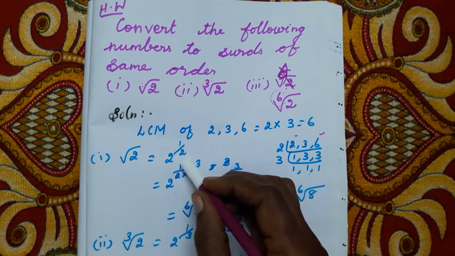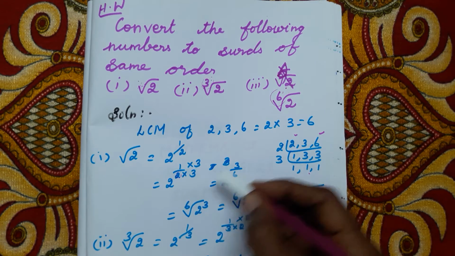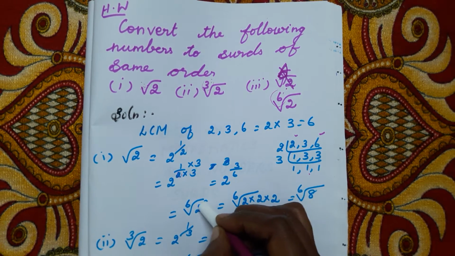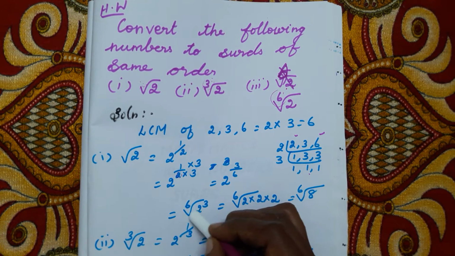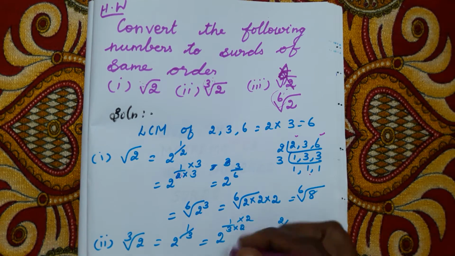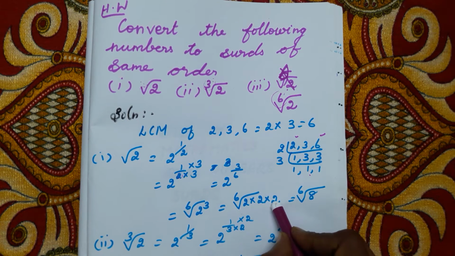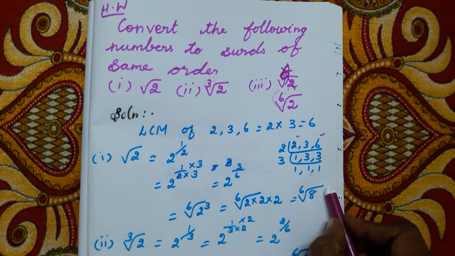So 2 power 3 by 6, which we can write as the sixth root of 2 power 3. It is equal to the sixth root of 2 into 2 into 2, which is the sixth root of 8.